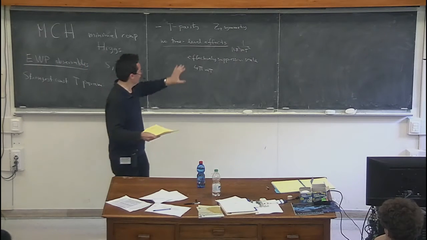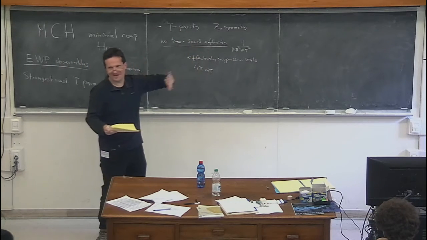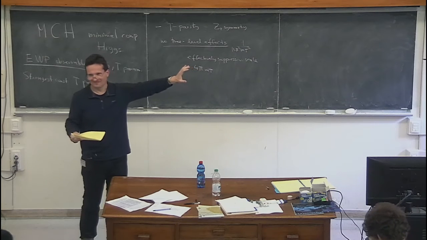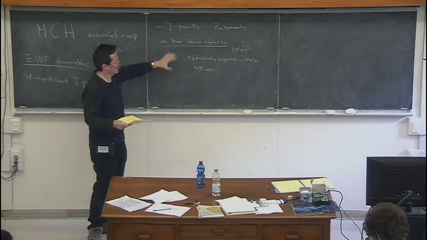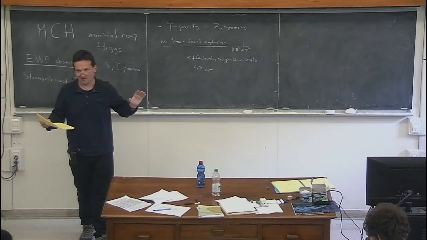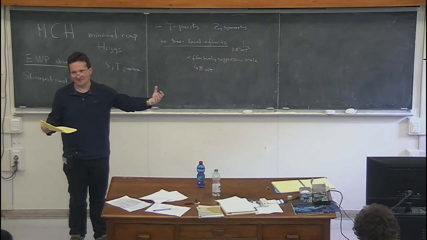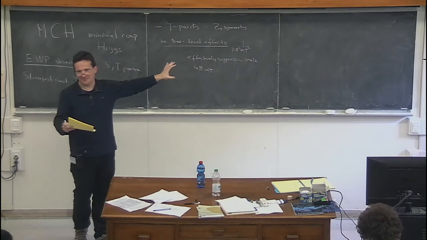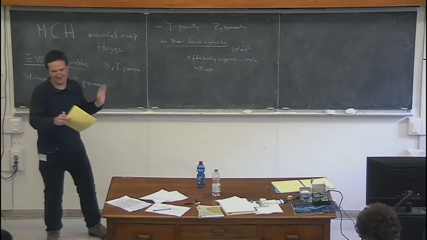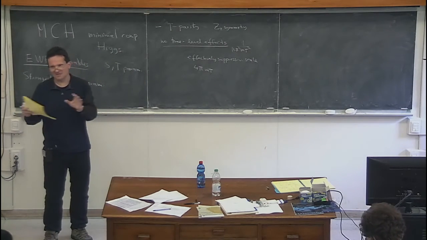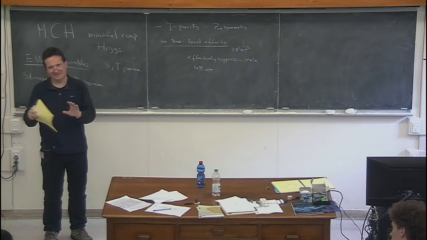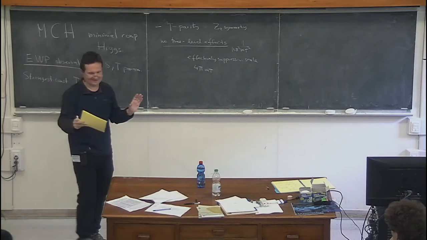So it's not completely trivial to make a simple model where all the new particles are T parity odd. You really have to complicate the model in order to make sure of that. So I think that's the biggest problem of those, that some of these models are already complicated, and then making sure that you have T parity is getting really complicated.